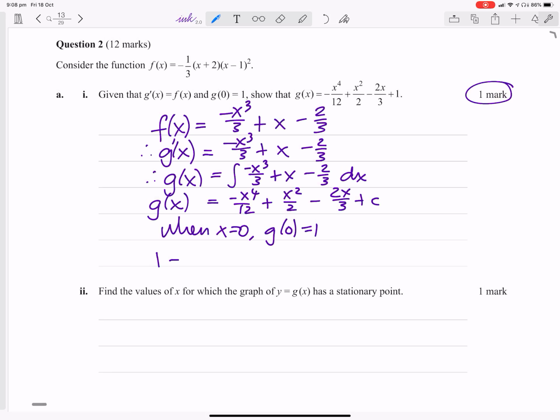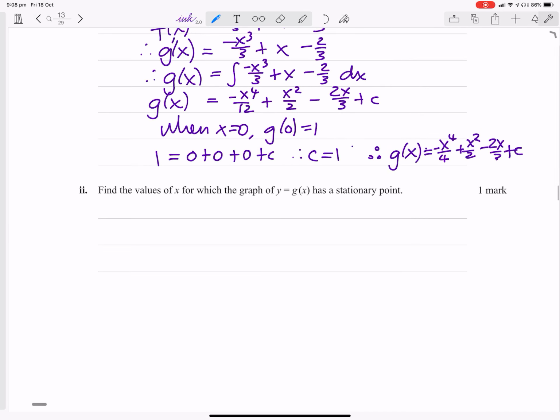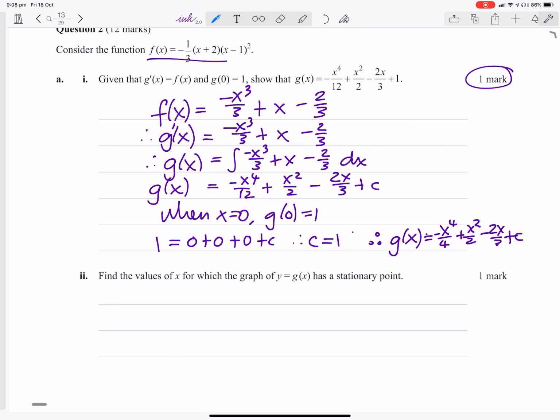So 1 equals 0 plus 0 plus 0 plus c. C equals 1. Therefore, g of x is negative x to the 4 on 12 plus x squared on 2 minus 2x on 3 plus 1. Find the values of x which g of x has a stationary point. Well, it's when f of x is 0. So x is negative 2 and 1.